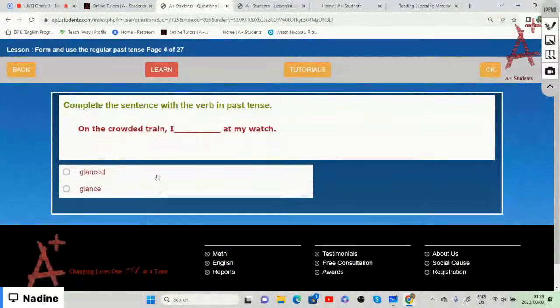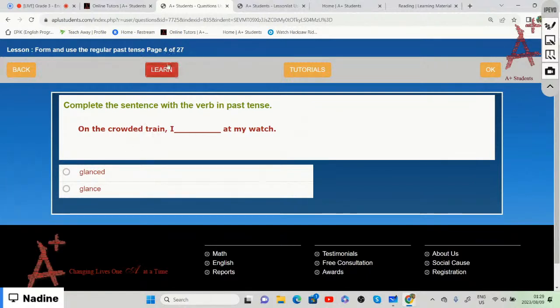On the crowded train, I glanced at my watch, or I glance at my watch. We need to select the correct one, or let's say the correct past tense verb.